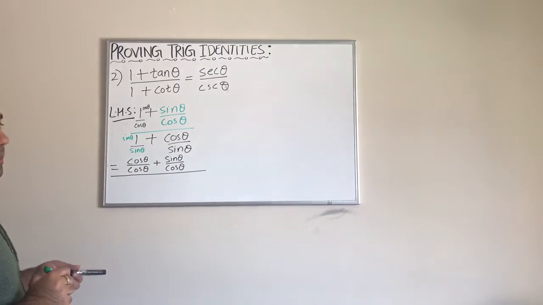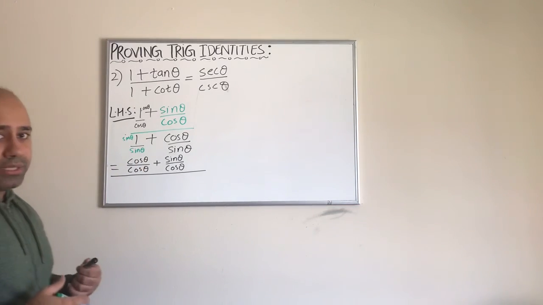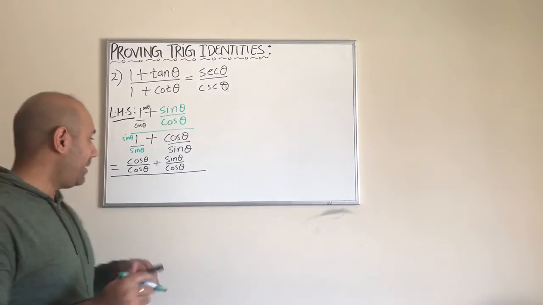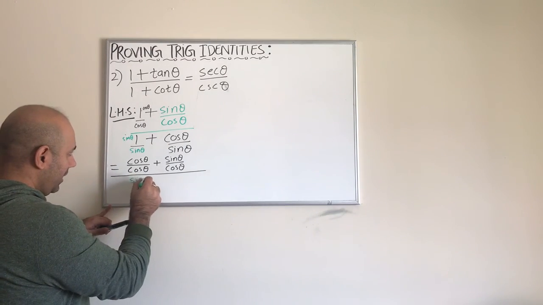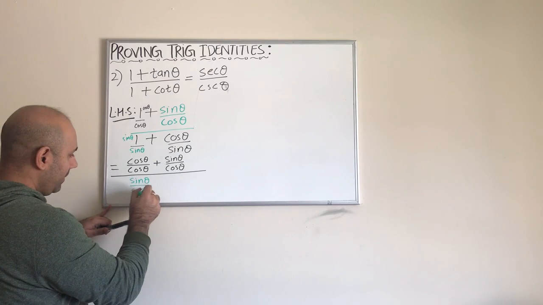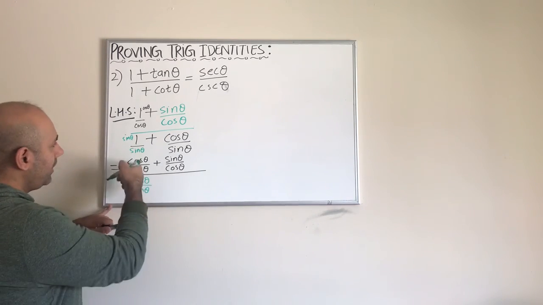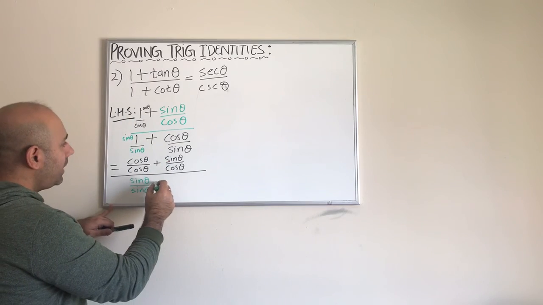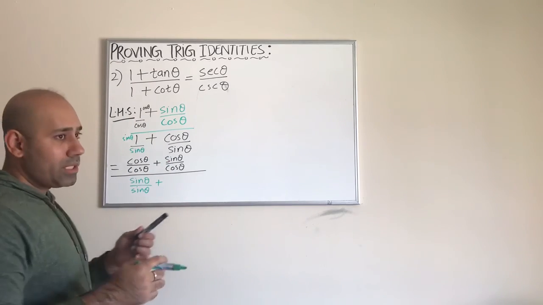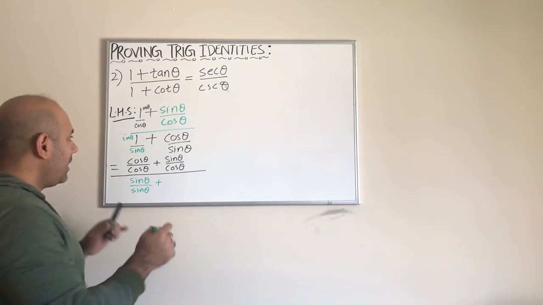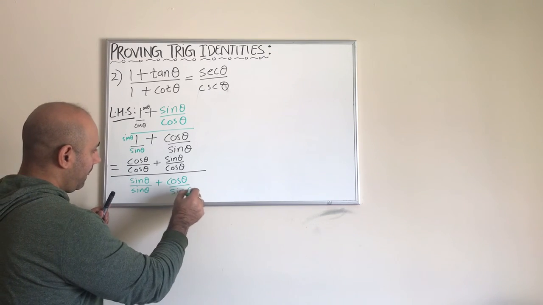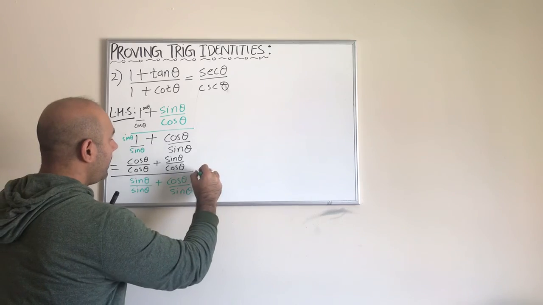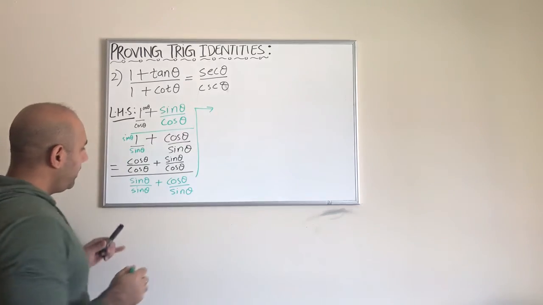Okay, not too difficult, just the basic algebraic principle of creating a common denominator. So the downstairs is going to look like this: sine theta over sine theta, which we know is 1, and that is this 1, and then plus cosine theta and sine theta. Okay, from here let us take it up here.